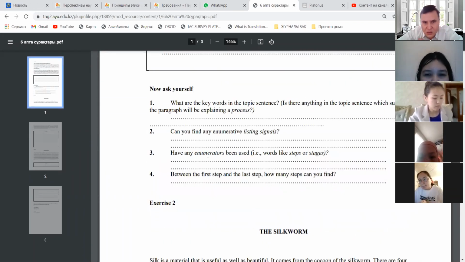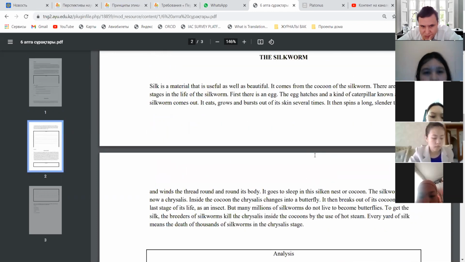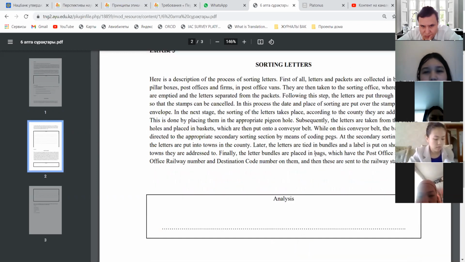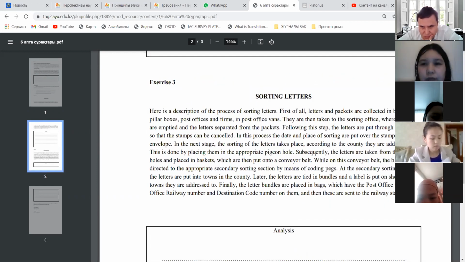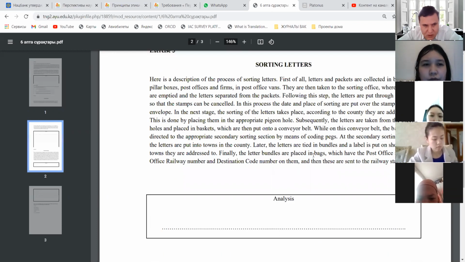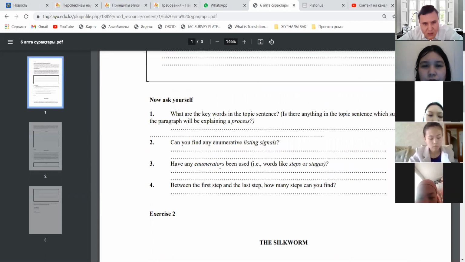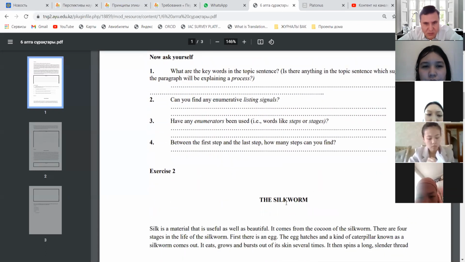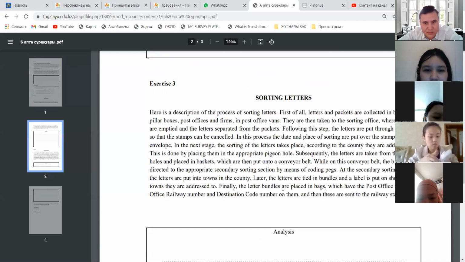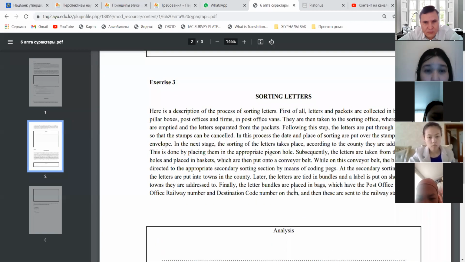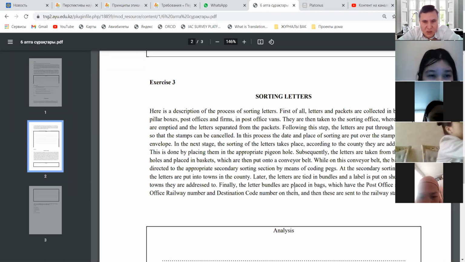Okay. Have any enumerators been used? Words like steps or stages? Yes, step by step. So between the first step and the last step, how many steps can you find? Between the first and the last one, how many stages can you find?